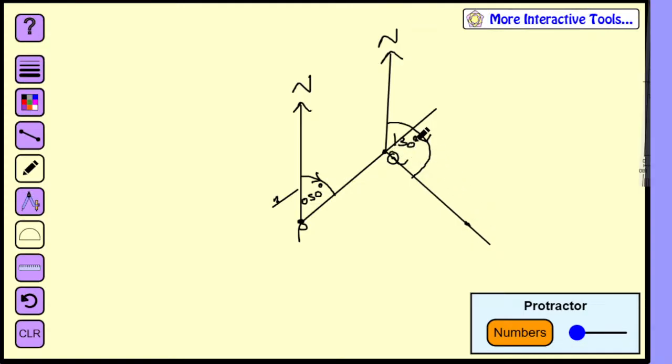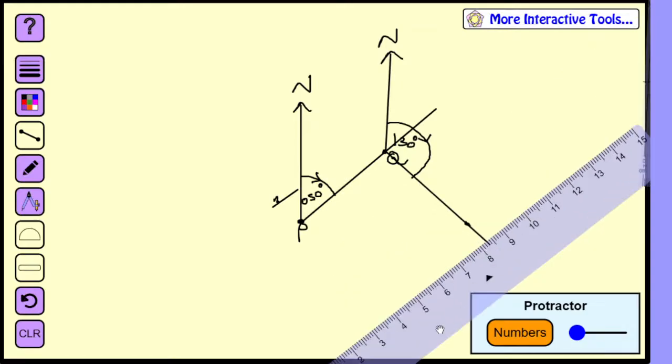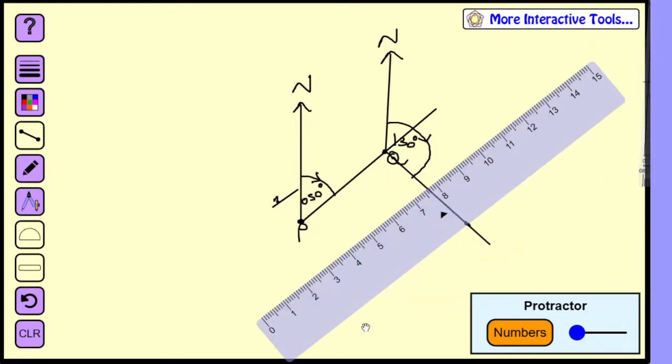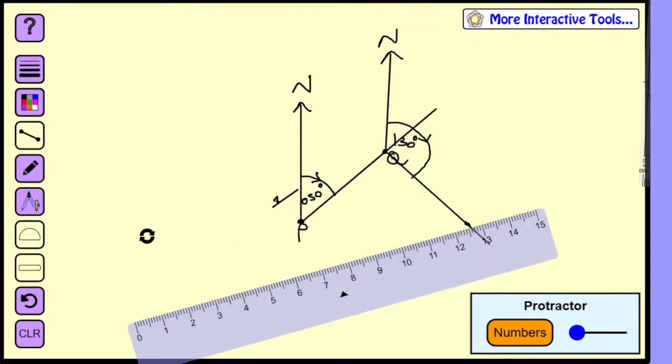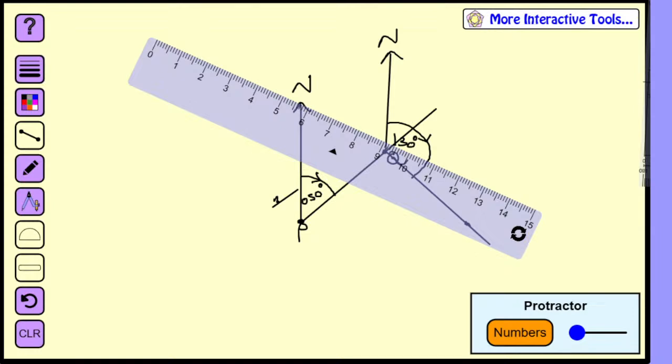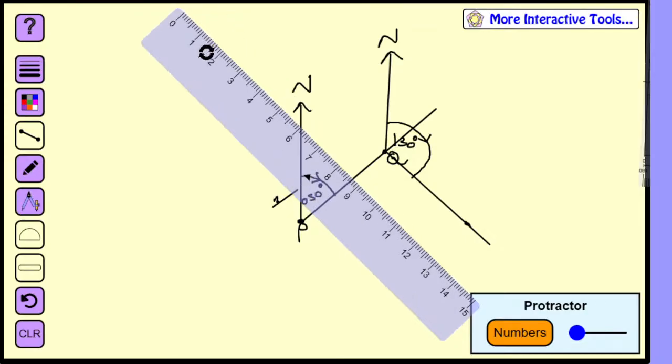So where exactly? Let's check. They have said R is 4 kilometers away from Q in the bearing of 130 degrees. So along this 130 degree bearing line, we have to measure 4 centimeters. Let's do that. We'll have to take the straight edge. Straight edge is the fancy name we give to the ruler. So we have to measure 4 centimeters.